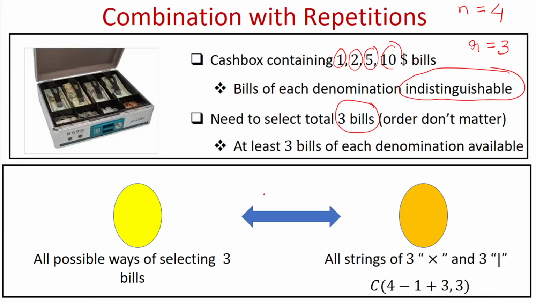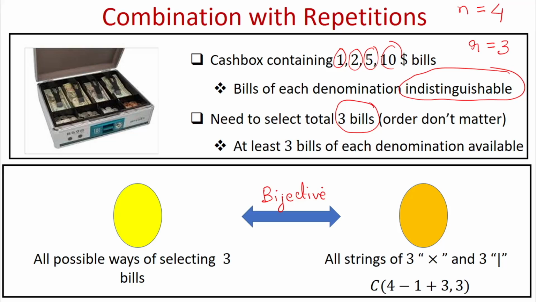My claim is that this is a bijective mapping between the set of all possible ways of selecting three bills out of bills of four denominations in an unordered fashion, and the set of all strings of length 6 where there are three crosses and three vertical lines.